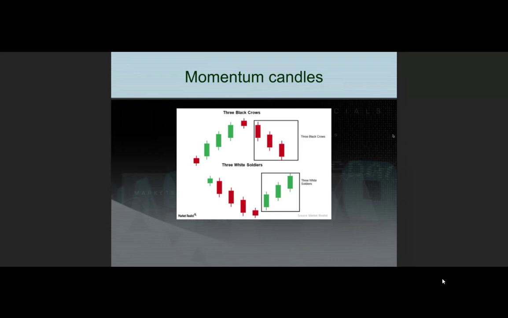Other momentum candles and just the way things will look. So we have this pattern called 3 black crows. And the opposite version of that is called 3 white soldiers. And this is basically when we're looking at 3 candles of similar size that are going to trend in a direction.